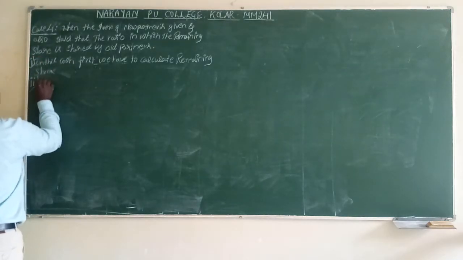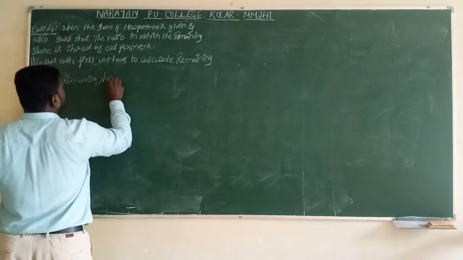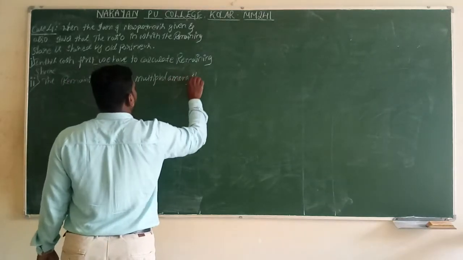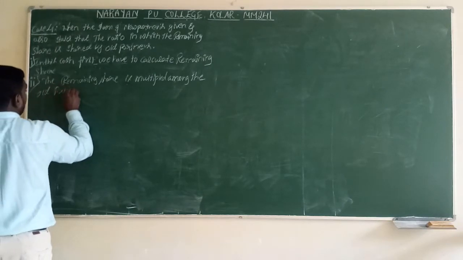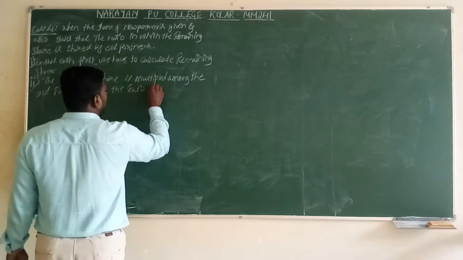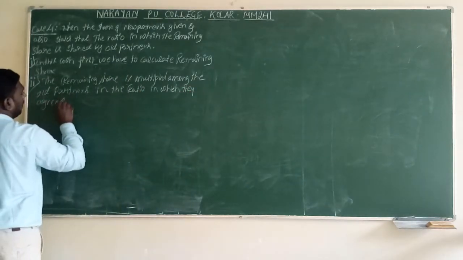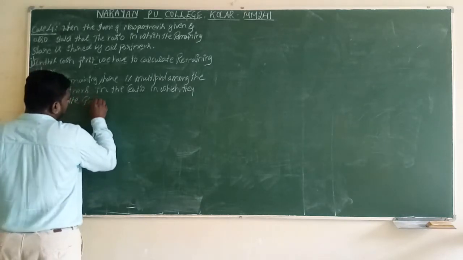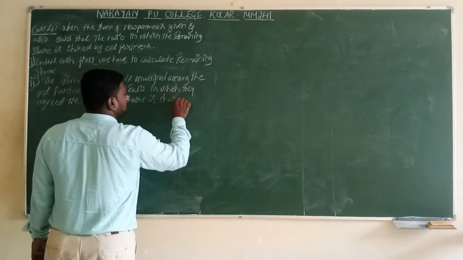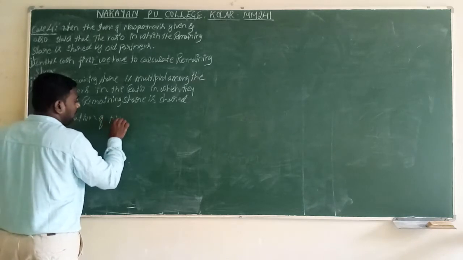Point number 2: the remaining share is multiplied among the old partners in the ratio in which they agreed the remaining share is shared. Calculation of NPSR.